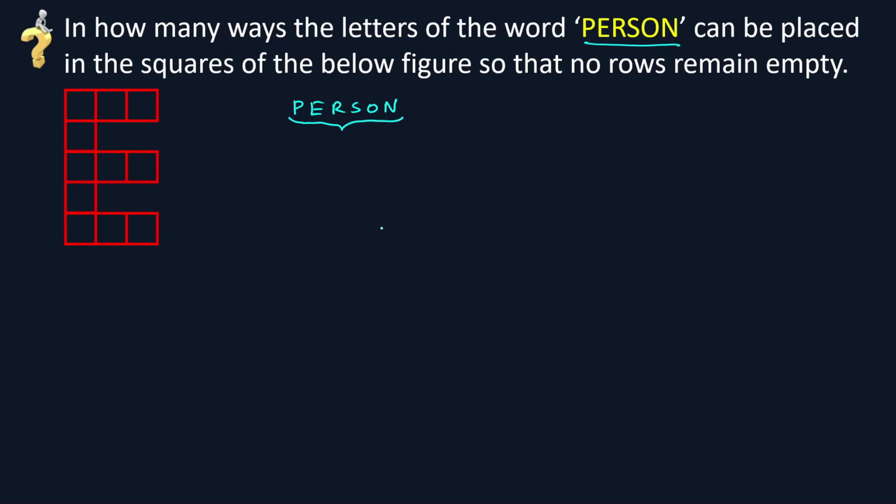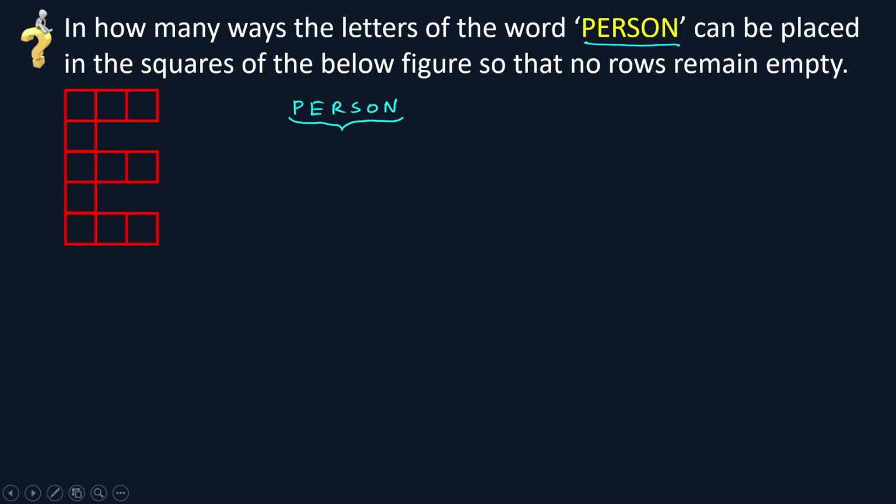So in every arrangement, these 6 alphabets can arrange among themselves. Be very careful. In the previous examples, there were 6 x's which were identical, so I have not arranged between them. But in this case, for every arrangement, P-E-R-S-O-N, these alphabets can arrange among themselves also. So that has to be taken into consideration.